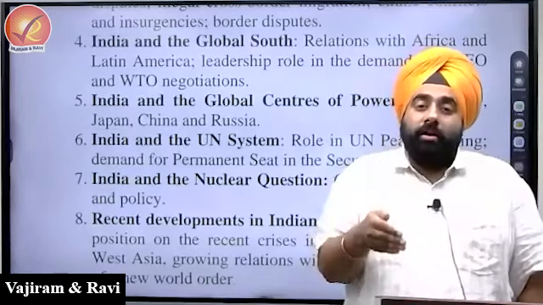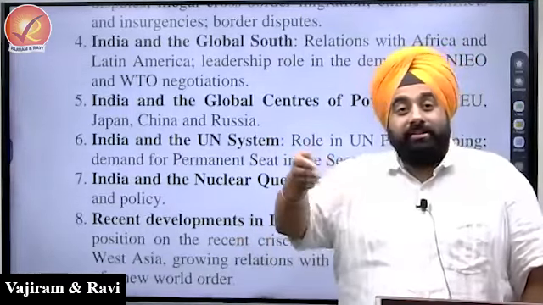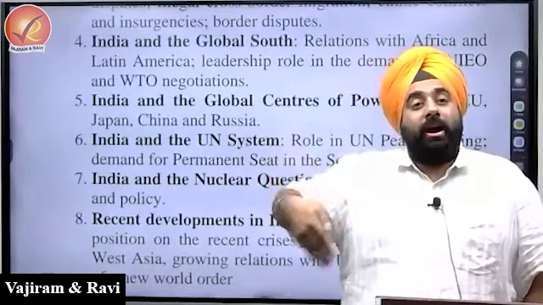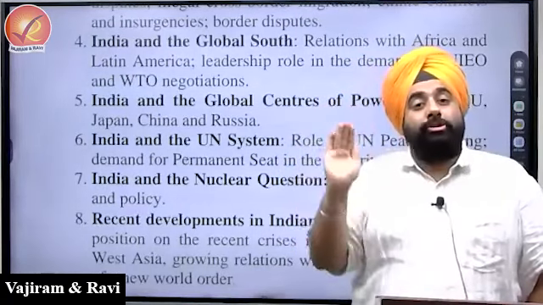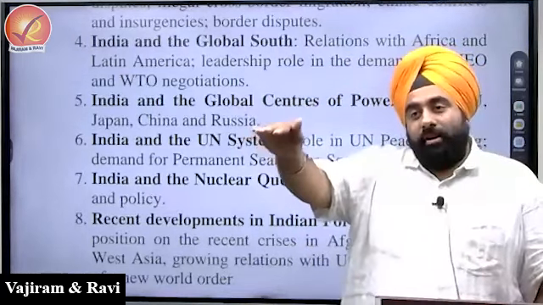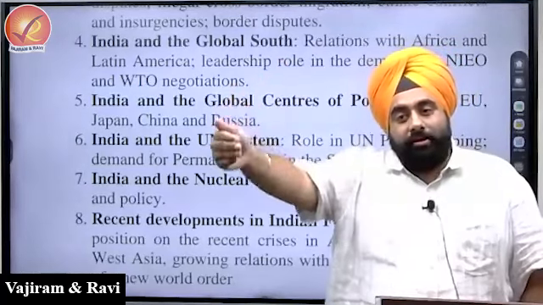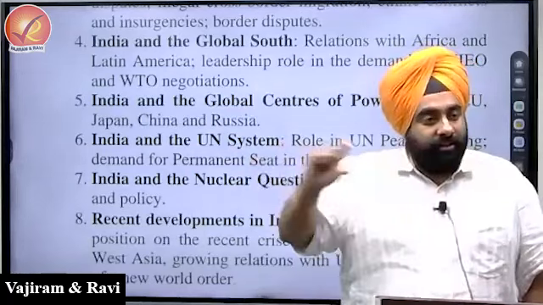Majority of the poor and developing countries of the world, post-colonial states, those states which were earlier colonized and have now come out of colonization, are called post-colonial states, and majority of them are poor and developing countries. Majority of these countries belong to the Southern Hemisphere. Therefore, it is known as Global South.